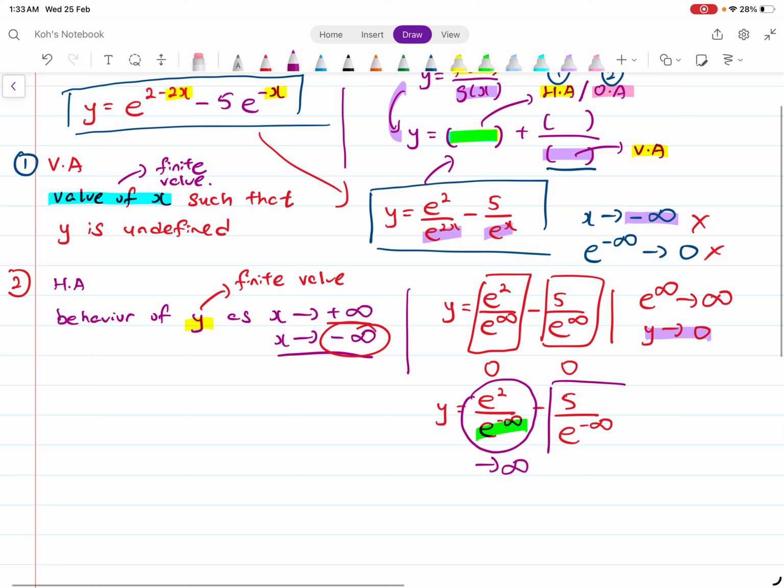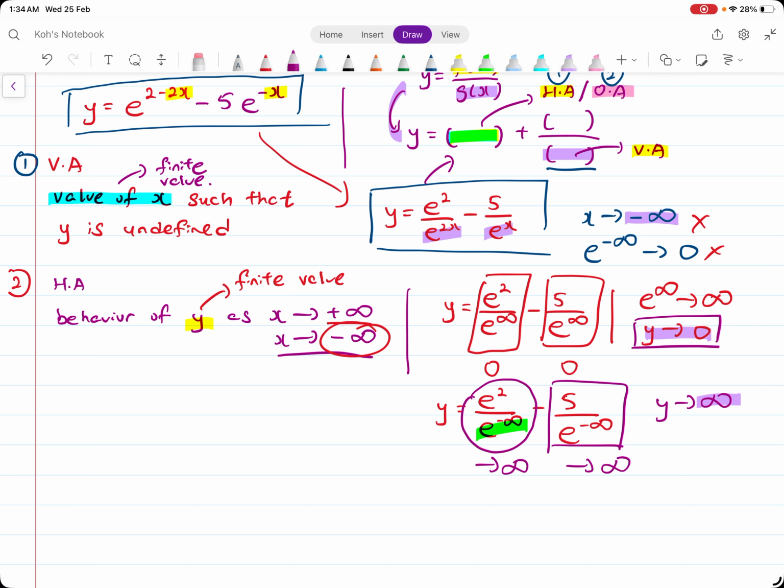Same thing, this one also tends to infinity. So the y value right here will be tending to infinity, which is not of finite value. This means that the only asymptote we are looking at is y equal to 0.